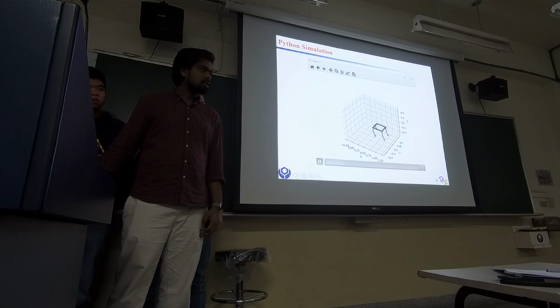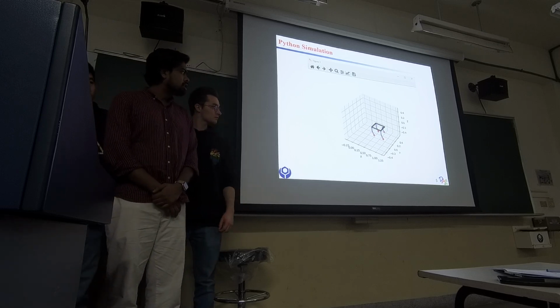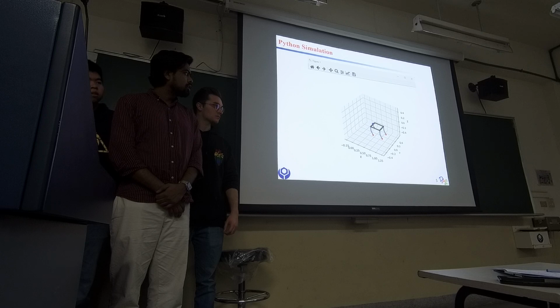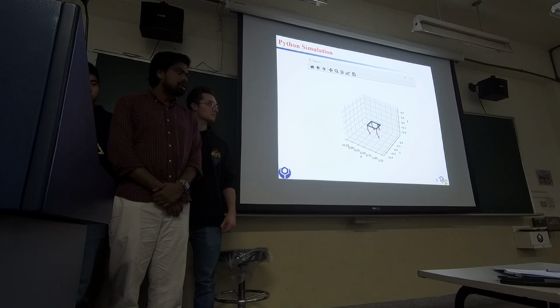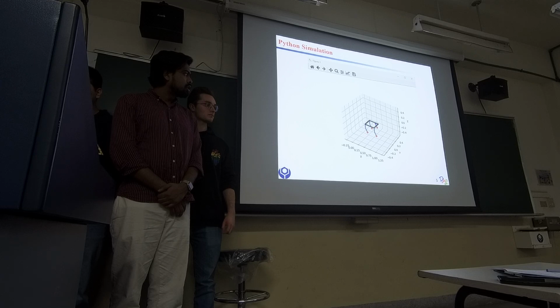I know the other three legs are stable, so how do you move your robot with that? Only one leg is moving. Yeah, only one leg is moving, but three legs. Same question. Yeah. So how do you move the center of gravity of the robot?